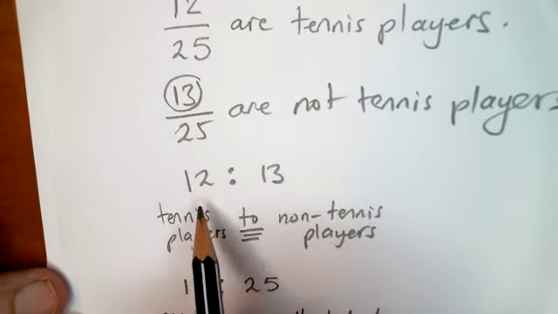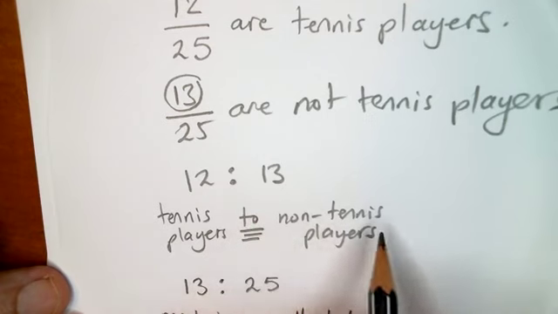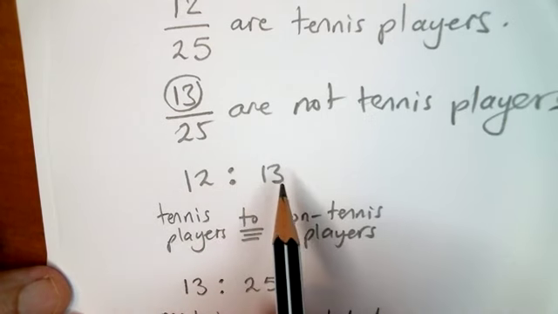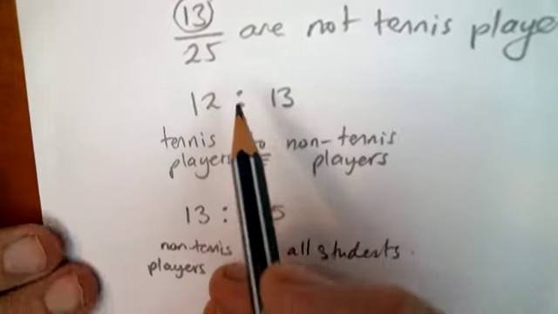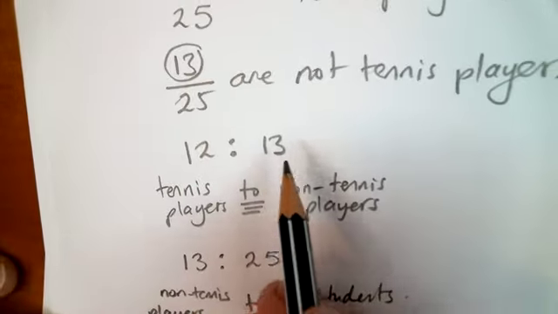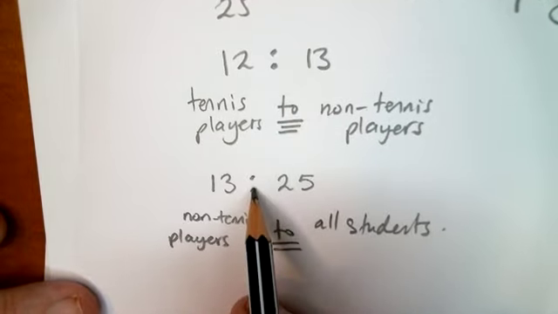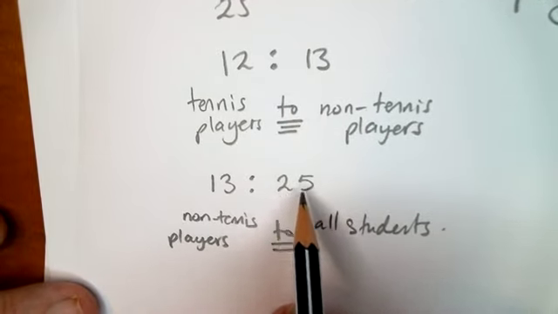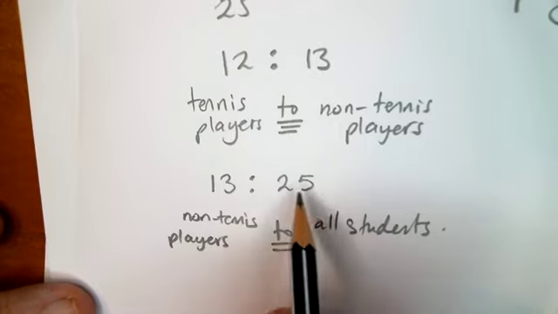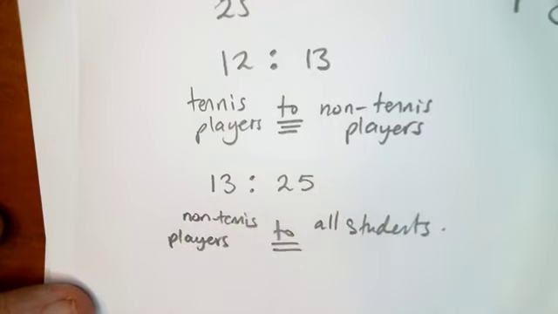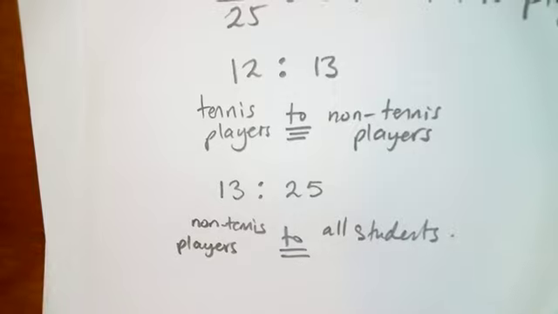So the ratio of tennis players to non-tennis players must be 12 to 13. And the ratio of non-tennis players, which we already know are 13, to all students, including tennis players, are 13 to 25. And that's how I'd express my answer.